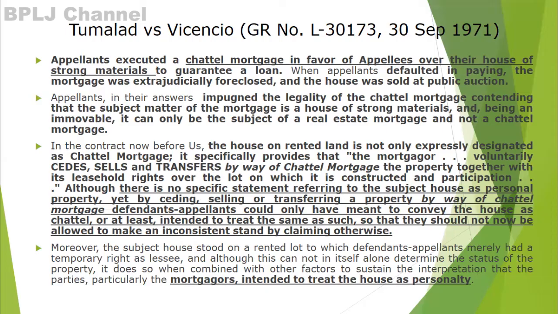So as long as between themselves they treated a property which is immovable by nature as a personal property, they cannot later on deny and allege that it should be an immovable property and not a personal property pursuant to the equitable doctrine of estoppel. So the parties are estopped from claiming otherwise.